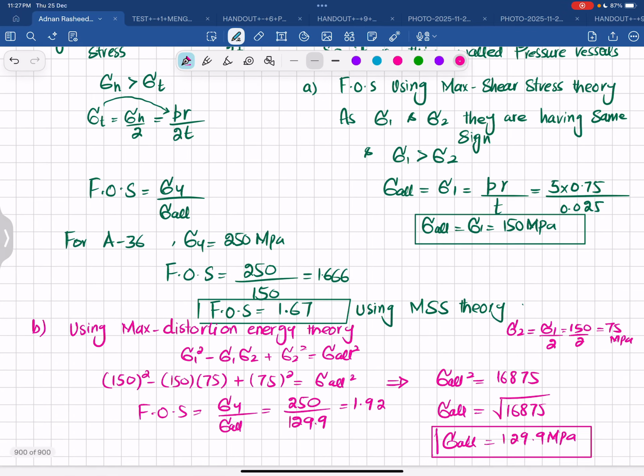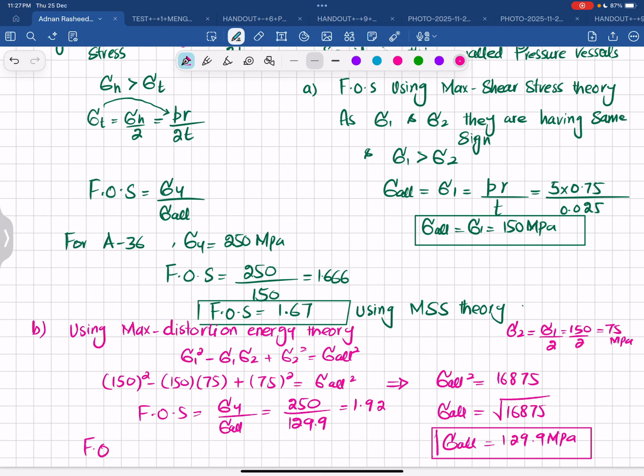So I will write the factor of safety is 1.92 using the maximum distortion energy theory, or using the von Mises criteria.